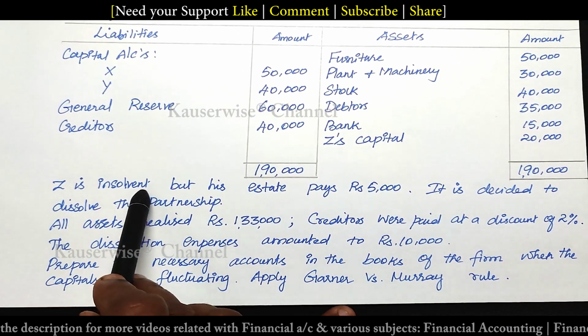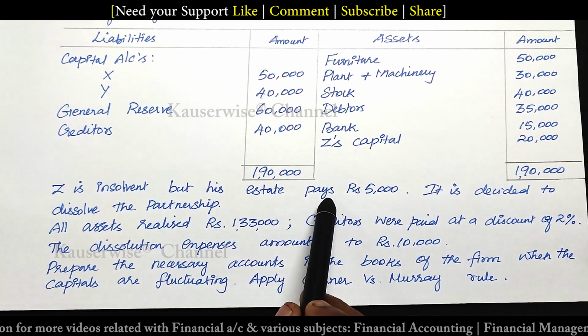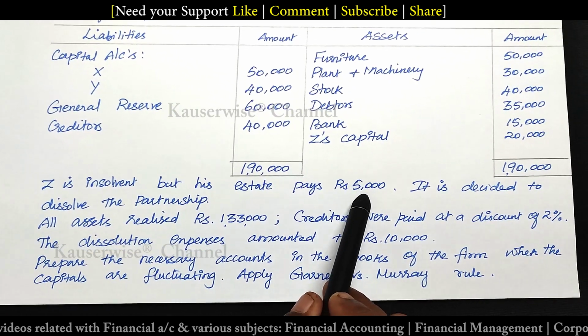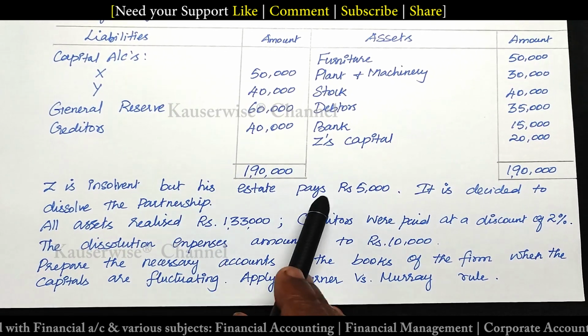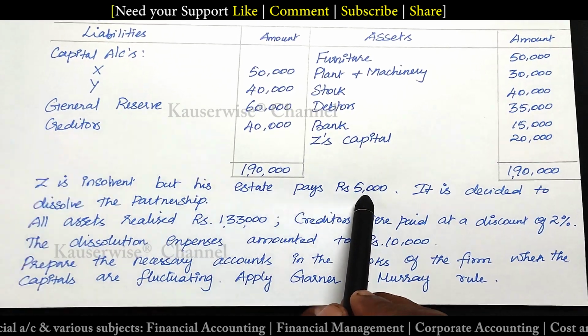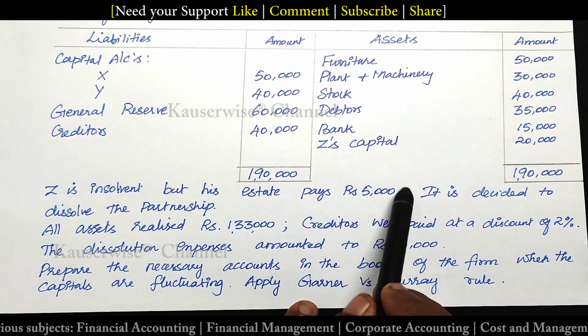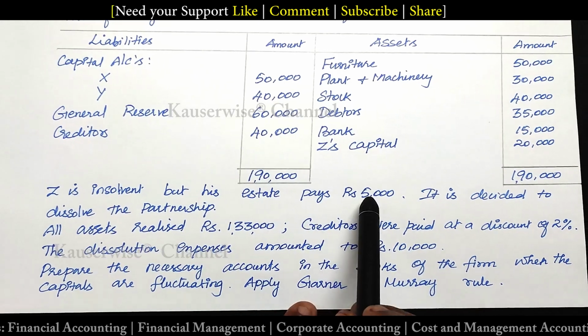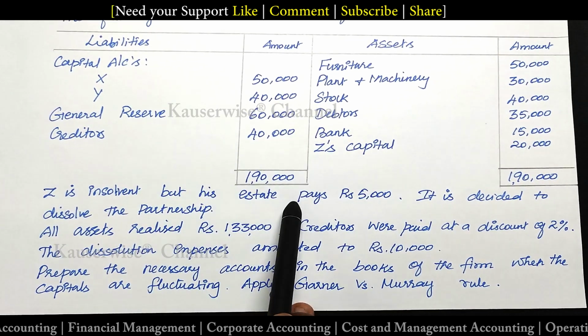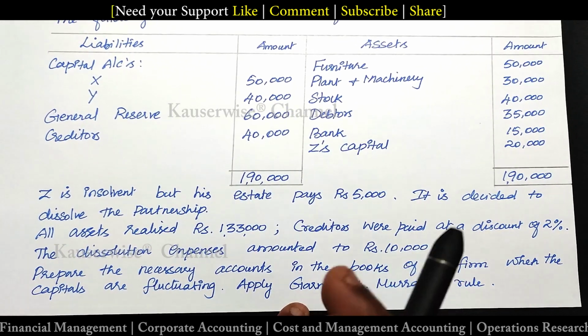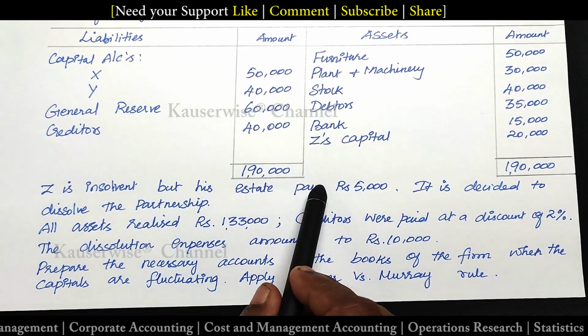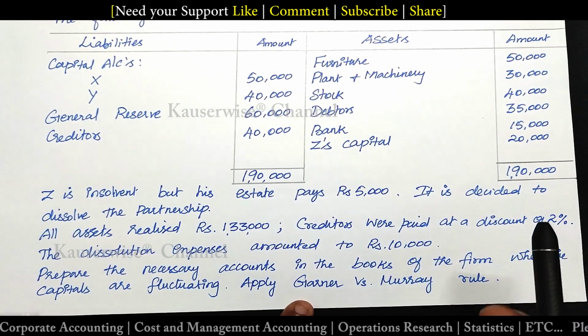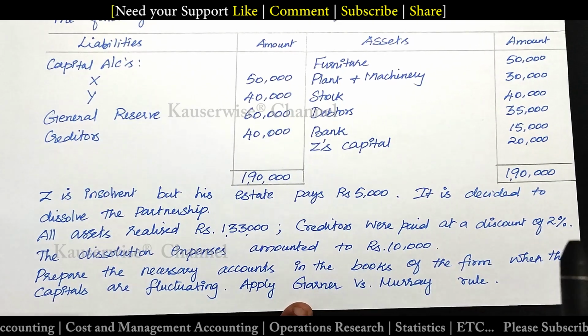Z is insolvent, but his estate pays rupees 5,000. So Z is insolvent, but he has paid 5,000 rupees. This amount you can credit under the insolvent partner's capital account. If the insolvent partner contributes anything, that will be credited to his capital account. If nothing is contributed towards his deficiency, that's all, you just leave it.